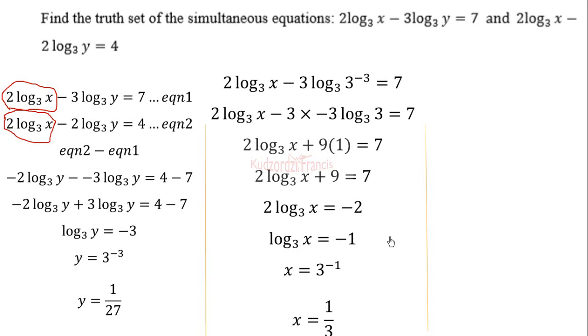So if you don't want to go this way, you can also choose variables for log to base 3 of x. So you can put m here, and you can put n here.